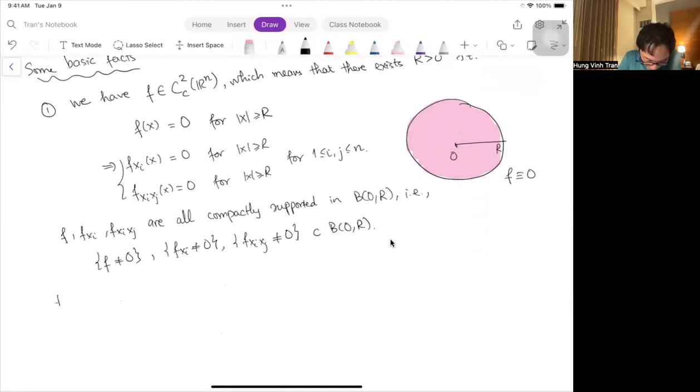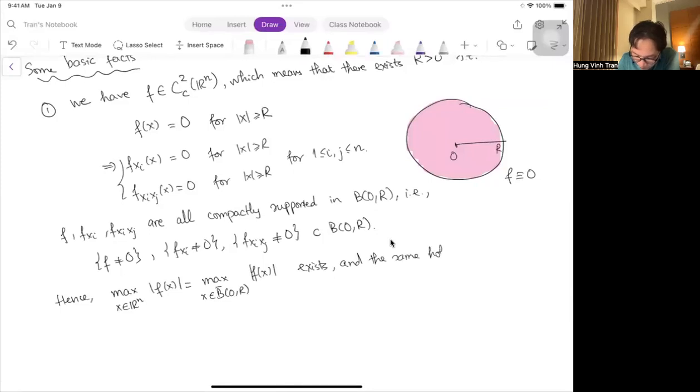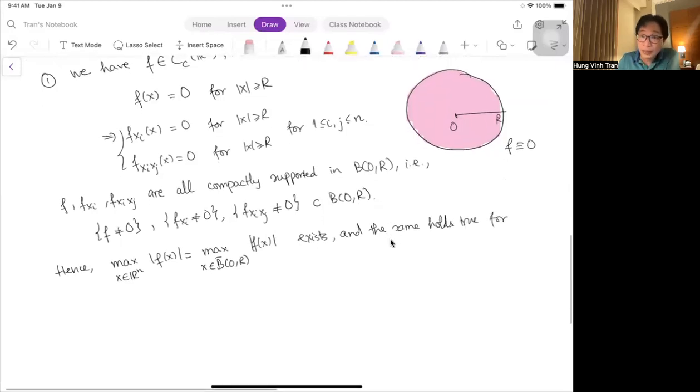So hence we do have that the maximum over x in Rn of |f of x|, which is just equal to the maximum over x in the closed ball center 0 radius r of |f of x|, exists, and the same holds true for fxi or fxi xj.